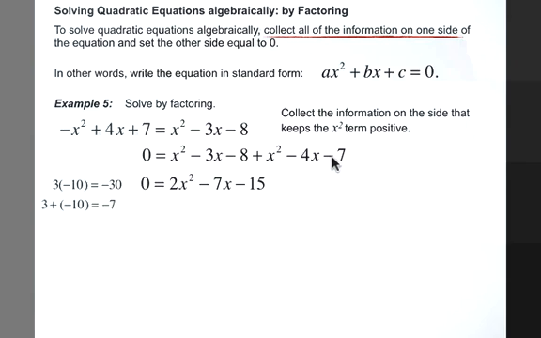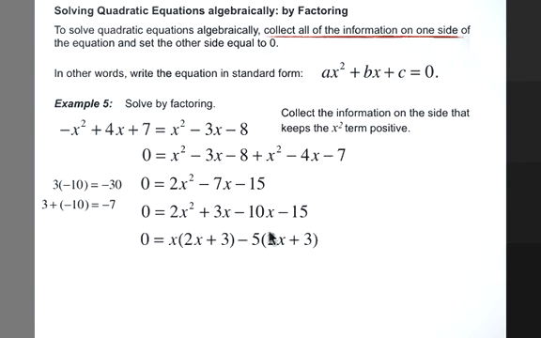3 times negative 10 is negative 30, and 3 plus negative 10 is negative 7. So we'll use those to factor. 3x minus 10x is equal to our negative 7x. We factor the first two terms together, so x times 2x plus 3 is equal to 2x squared plus 3x. And the common factor for the second two terms is negative 5.